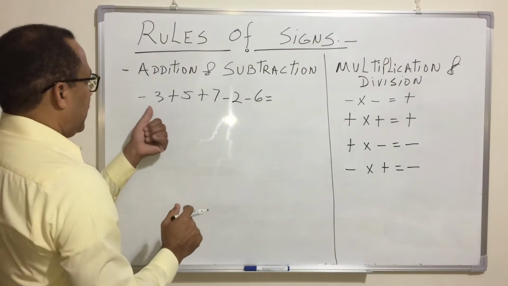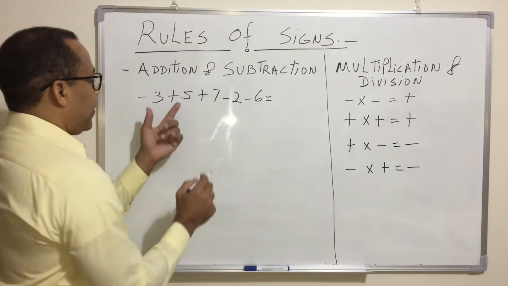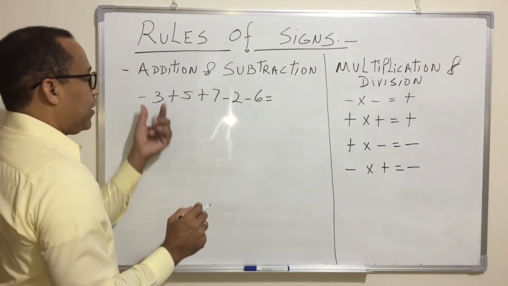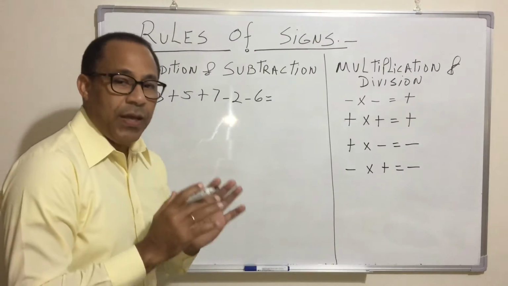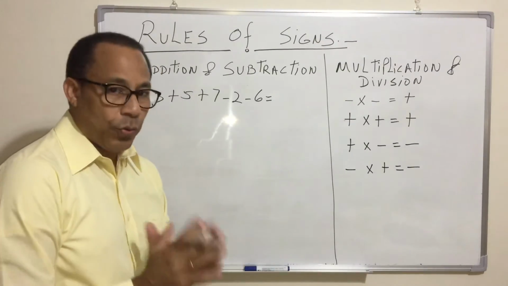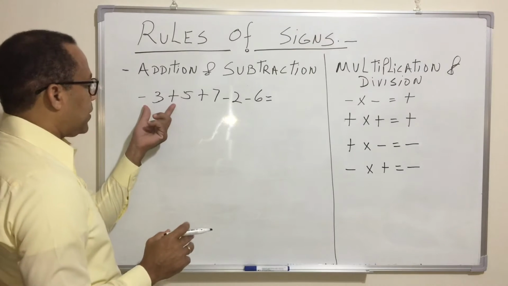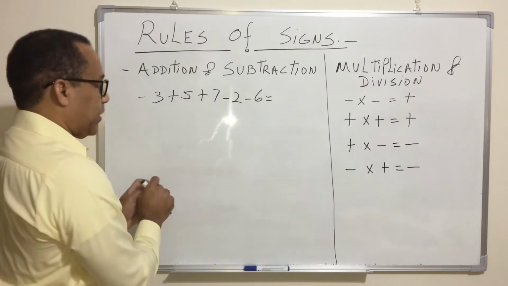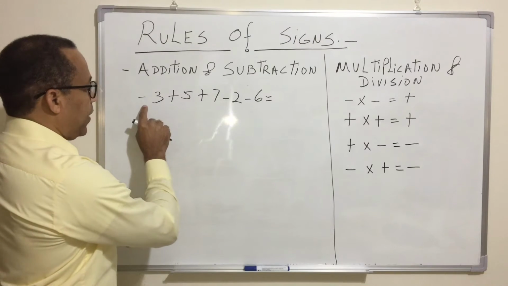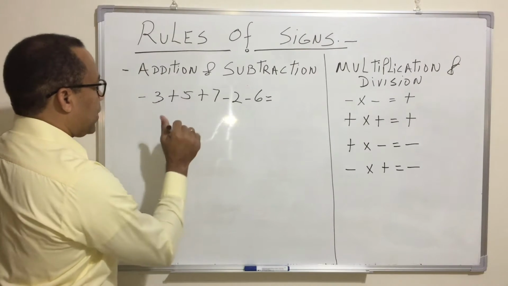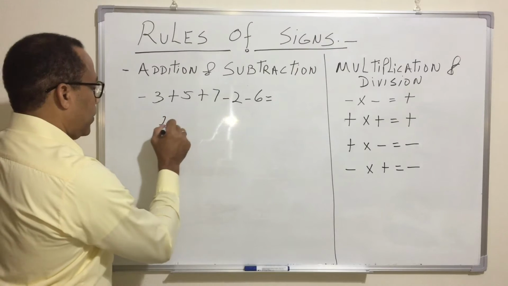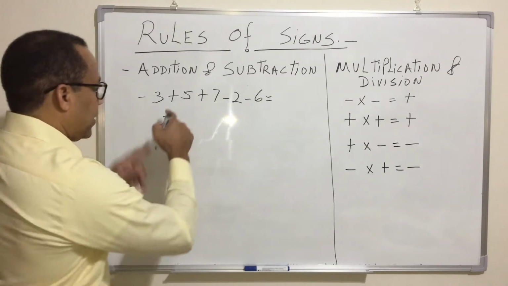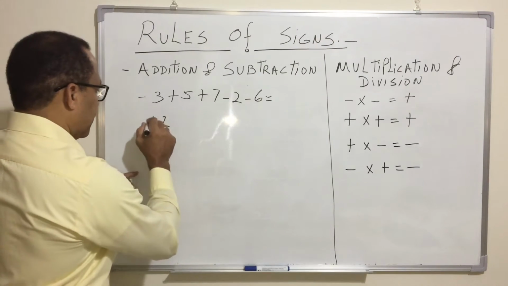Starting here, negative 3 plus 5. The signs are different. The rule says when I am adding or subtracting and the signs are different, we subtract the numbers and we copy the sign of the greatest. So negative 3 plus 5, subtracting, this will be 2. And the sign of the greatest between these two is positive, so positive 2.